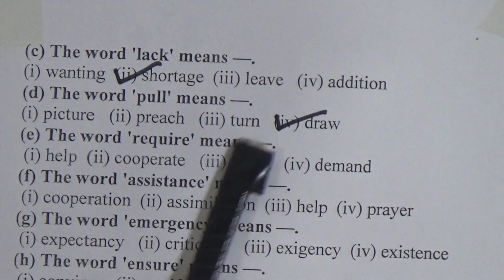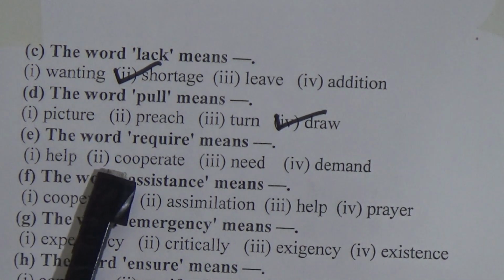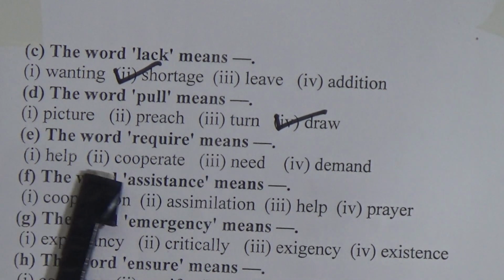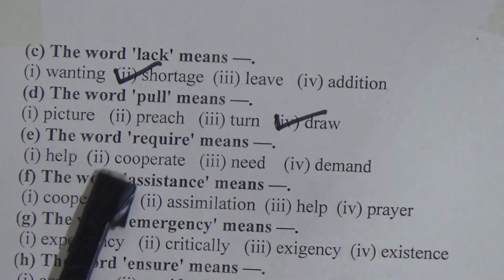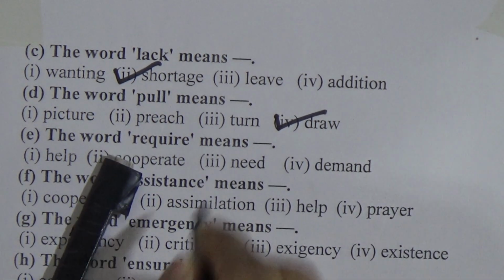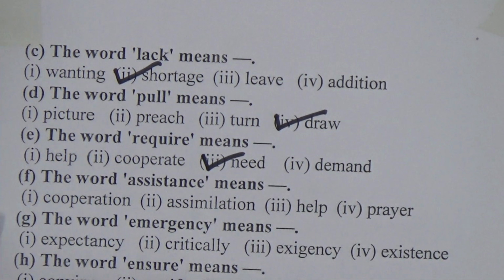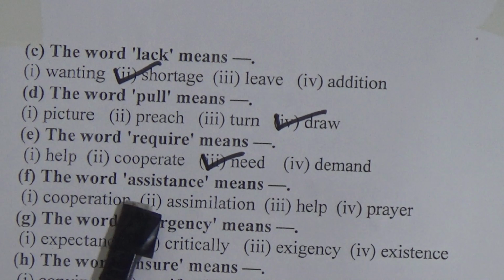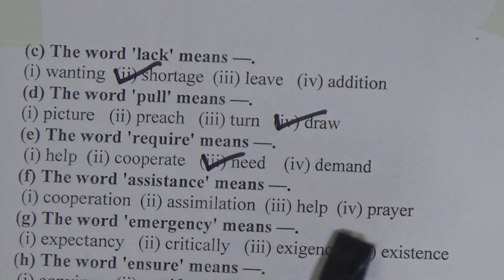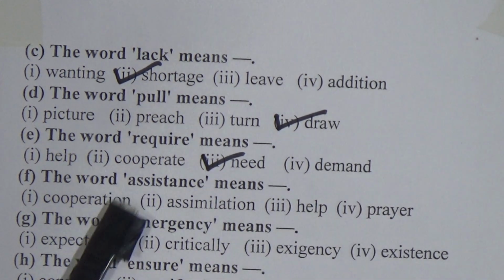Draw the mask. Number E, the word require means help, cooperate, need, demand. So require means need, necessity. Number F, the word assistance means cooperation, assimilation, help, prayer. So assistance means help.